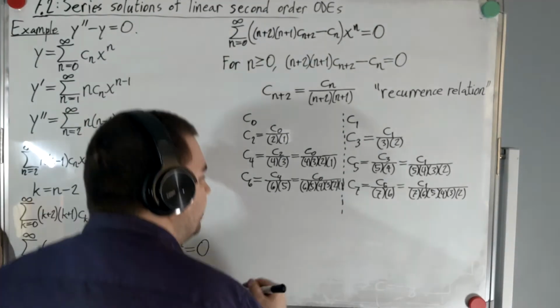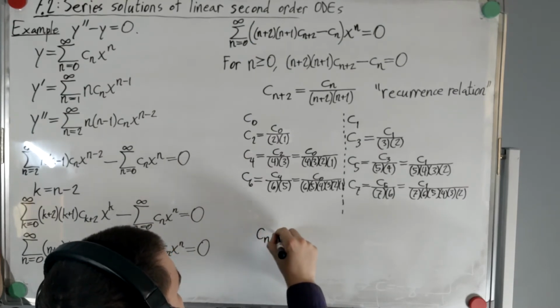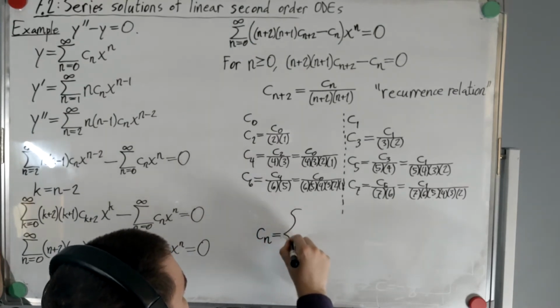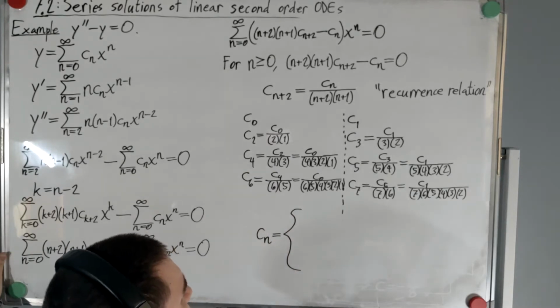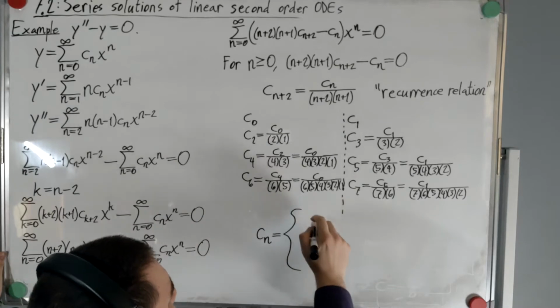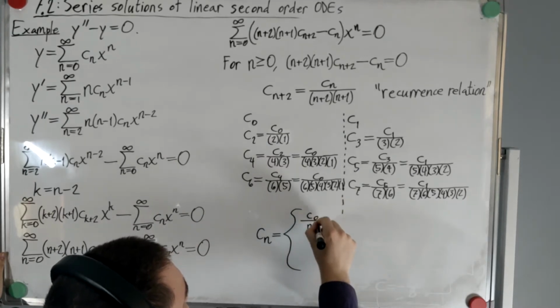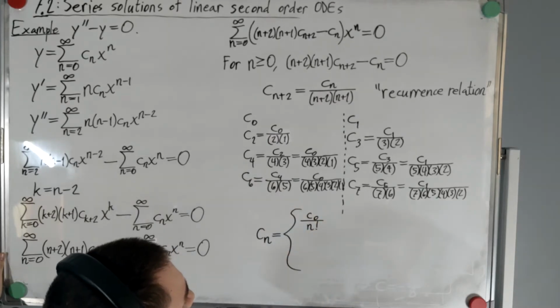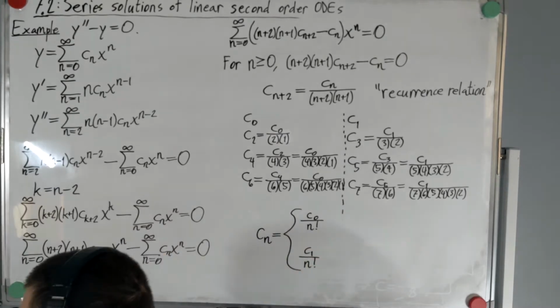So let's notice here, Cn is going to be something different depending on whether n is even or odd. If it's even, it's going to be C0 divided by n factorial. If it's odd, it's going to be C1 divided by n factorial.